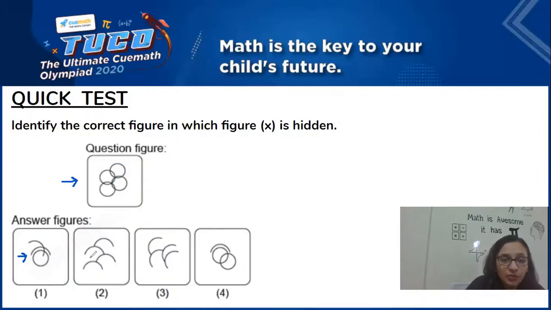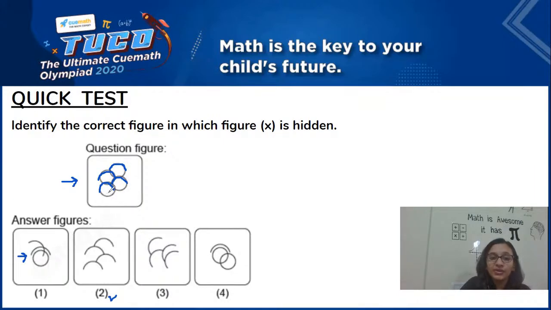Now, if we go with option 2, we can trace an arc like this, then another arc like this, and then a fourth arc like this. So yes, we do have a figure in option 2 exactly embedded in the question figure. So option 2 can be one of the correct answers.